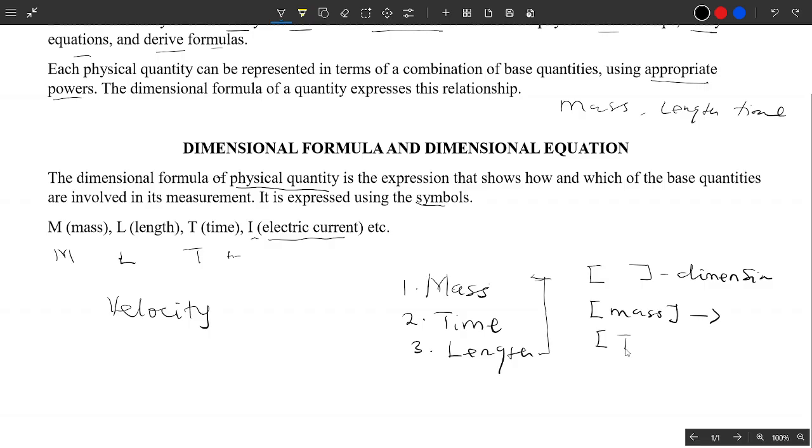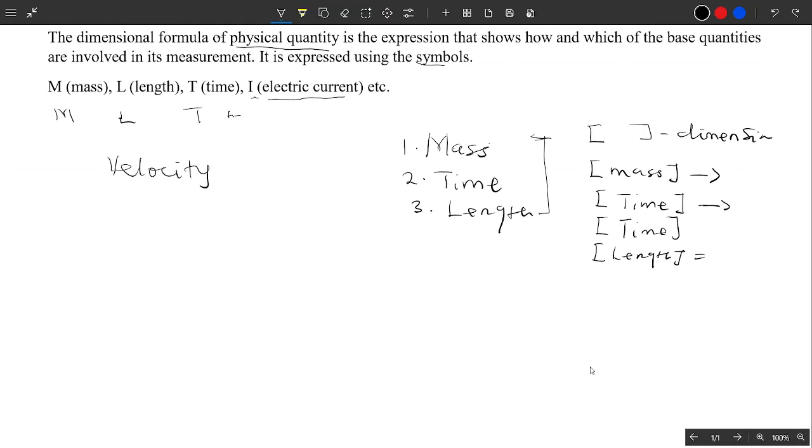If I write this, this means that the dimension of what? Time. Also, if I write this, this means that the dimension of what? The length.